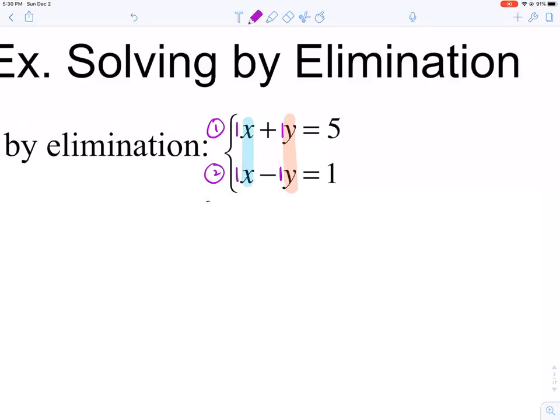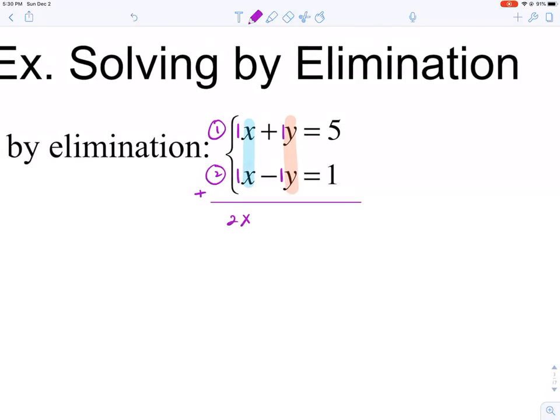Therefore, if we add these two equations together and we add straight down, we'll have 2x. 1y plus a -1y would be 0y. So the y's end up eliminating. And then 5 plus 1 will be 6.